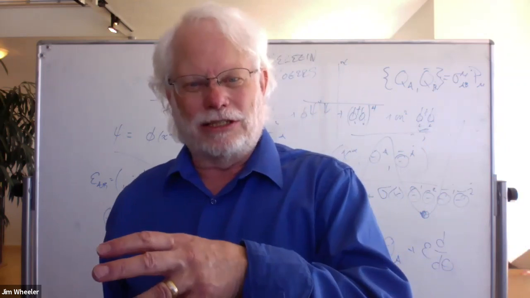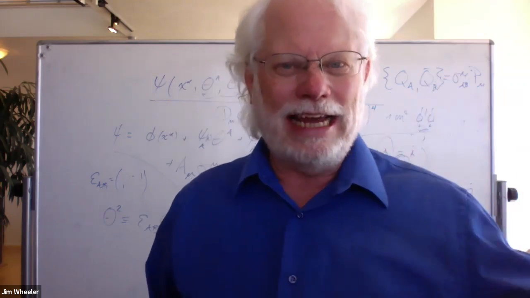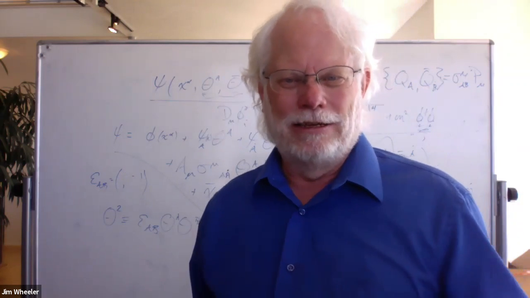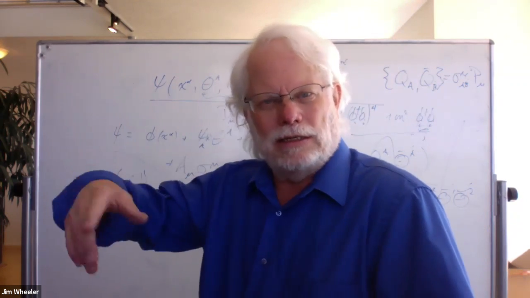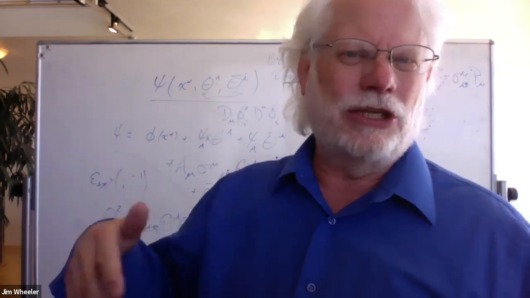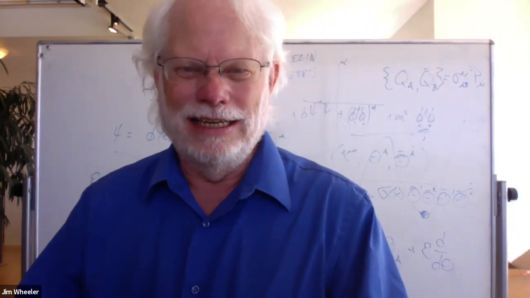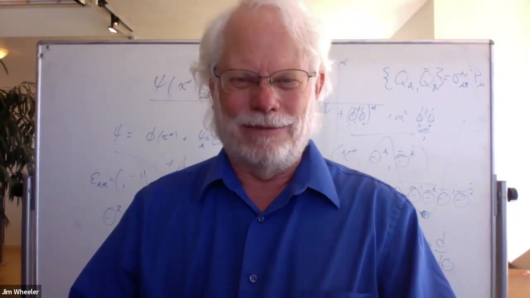Each of those squares to 0, but you can have 8 completely different ones, completely different fermionic transformations, with an SU8 or an SO8 symmetry connecting them.